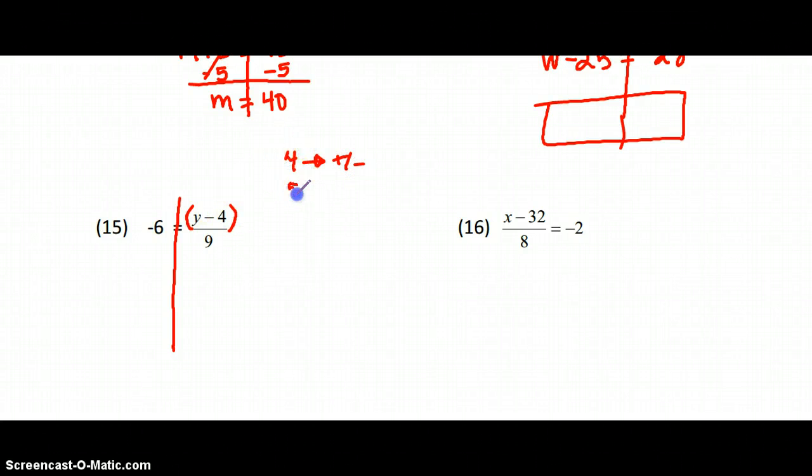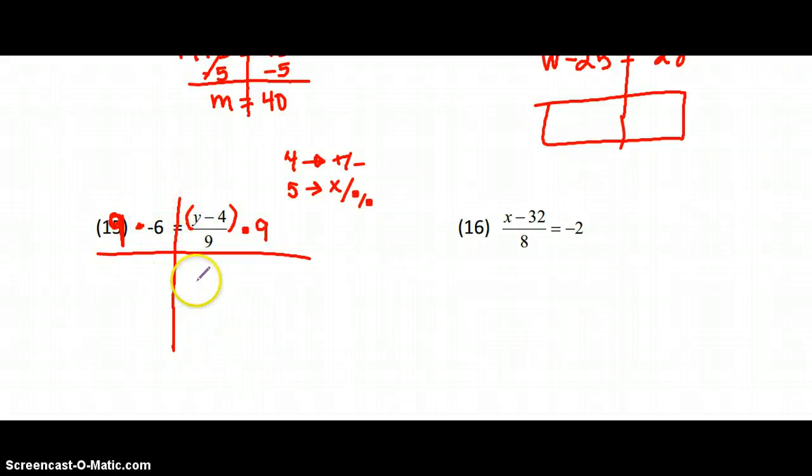But I can do step 5, which is the opposite of multiplying or dividing. So I'm going to do the opposite of dividing by 9, multiply by 9. What I do to one side, I do to the other. You finish this one. 9 times negative 6 equals what? I'll show you that you get rid of the old 9's there.